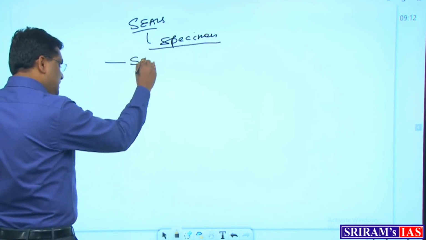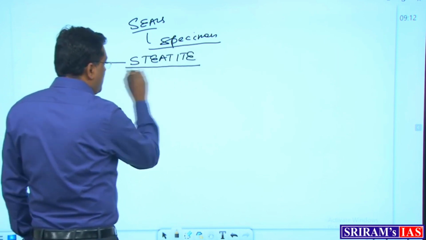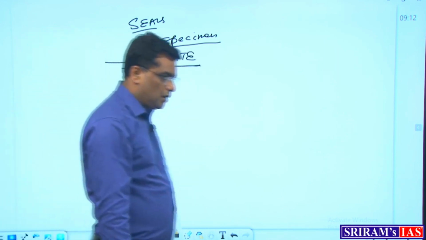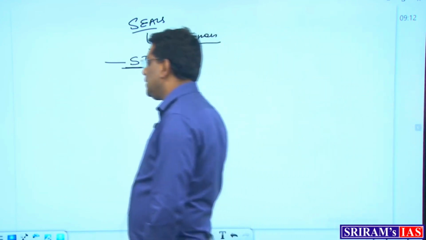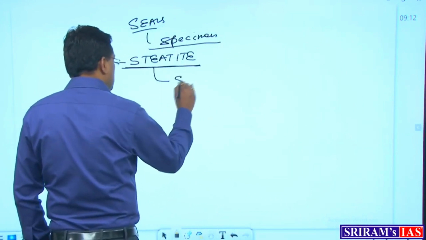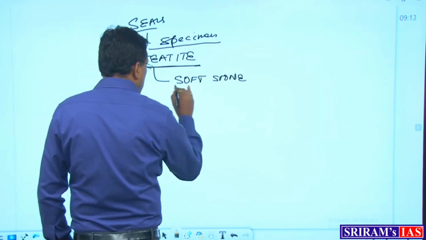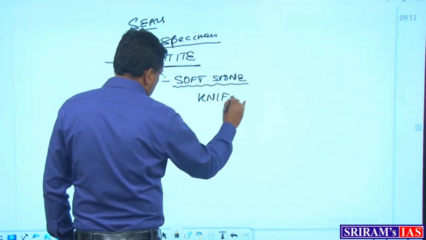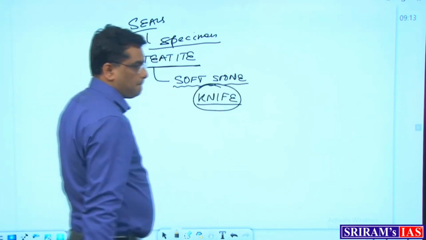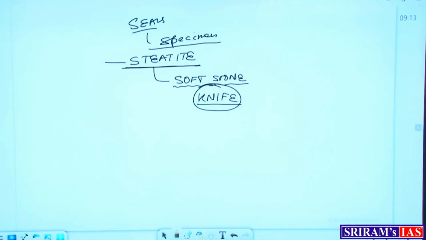Seals were made of steatite. Steatite is a soft stone which could be cut by a knife.